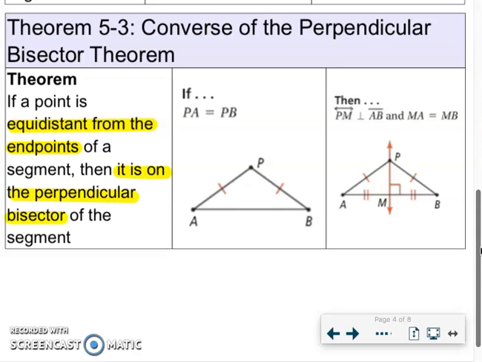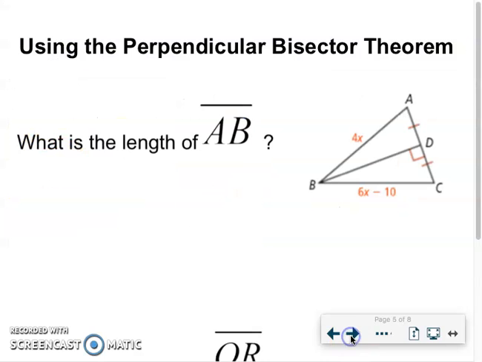So if you see something looking like a triangle, this point P is the same distance from A as it is B. What that means is, if I drew a line through P, the perpendicular bisector, P would be on that perpendicular bisector going through that triangle. So it works forwards and backwards. It's something you can make a biconditional of.